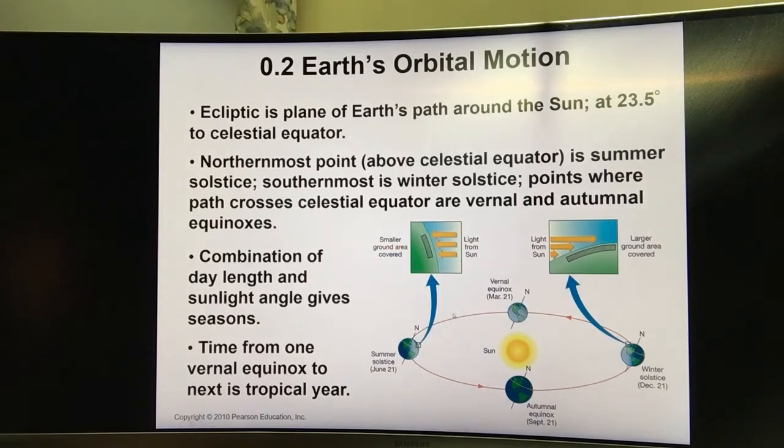For instance, we know that during the winter time here, the sun is lower in the sky. So the same amount of light from the sunlight is going to be more spread out. That means it's going to shine on a larger ground area.